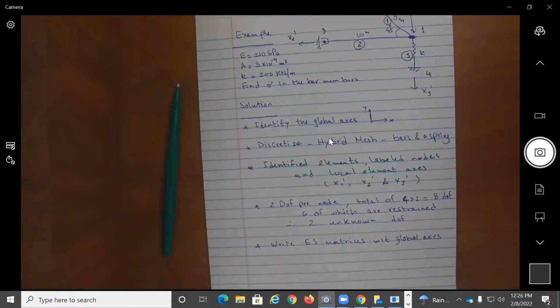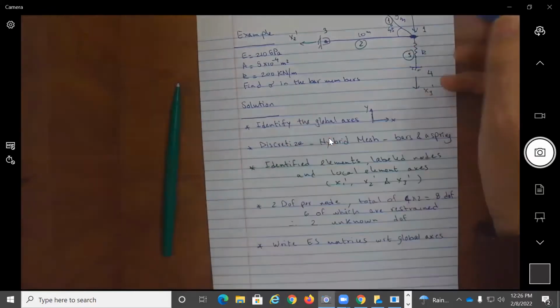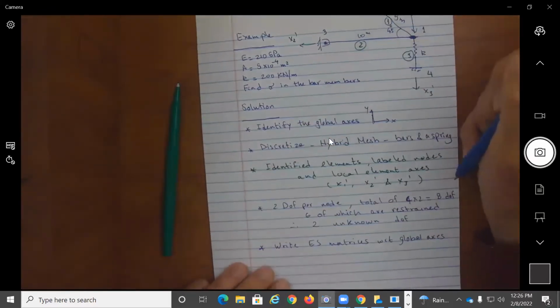And when we assemble the global stiffness matrix, we really know from the previous example that we care about the modified portion, where if I have 2, 3, and 4, the 6 degrees of freedom are going to be equal to 0.